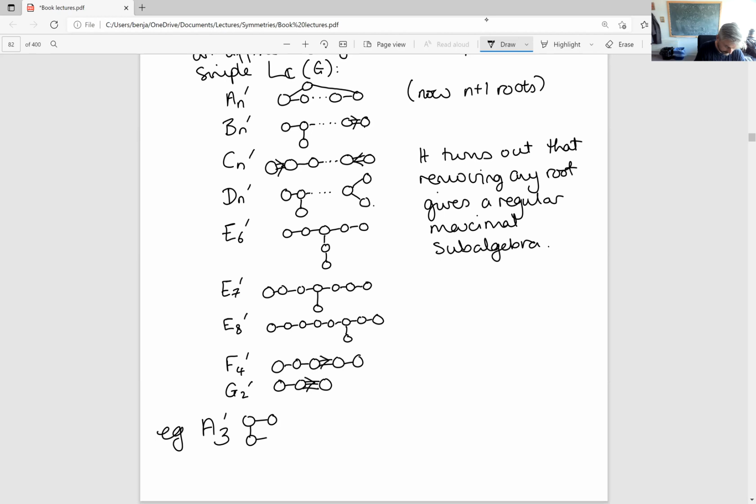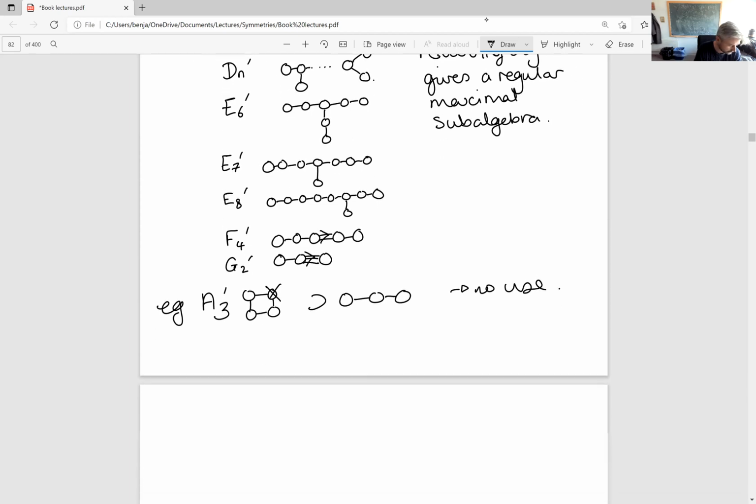The n+1 is correct. So A3 prime looks like this, so it doesn't matter which roots we remove. We get this one. So this is actually the original algebra A3 that we started with. So what all this says is that A3 contains A3, and so this is no use to us.